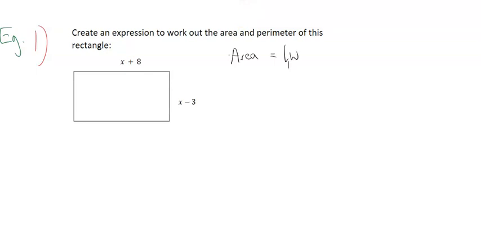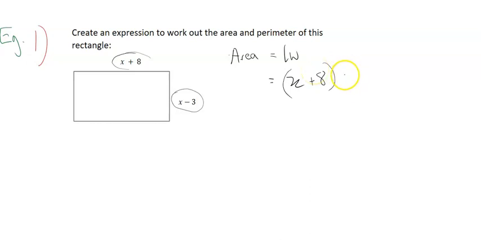Just because the length and the width are these types of expressions doesn't mean that we change what we do. So we still need to say, right, x plus 8, we can use brackets because we know that that's the length. It's like substituting that L for this entire expression.